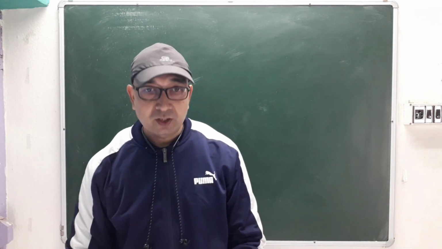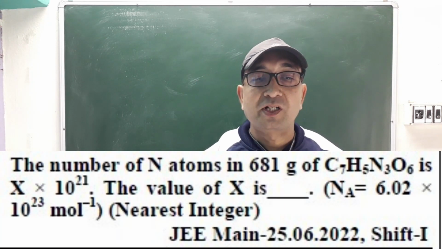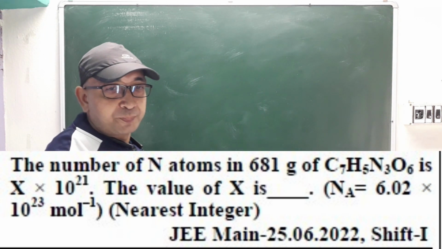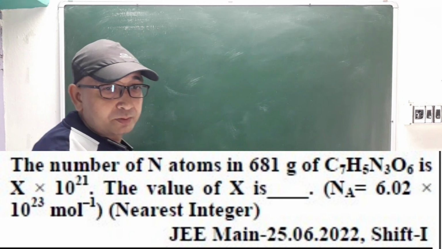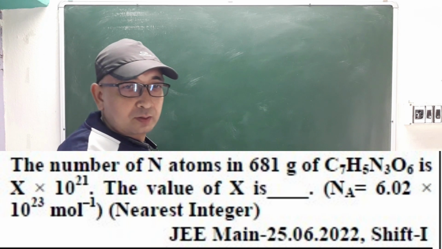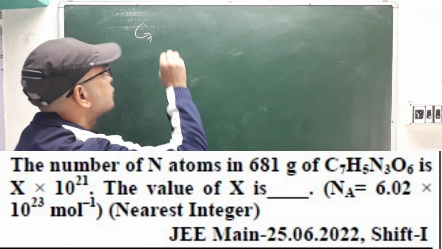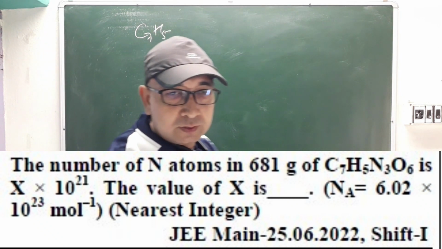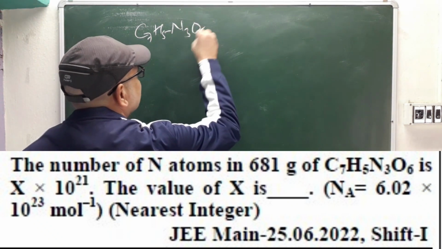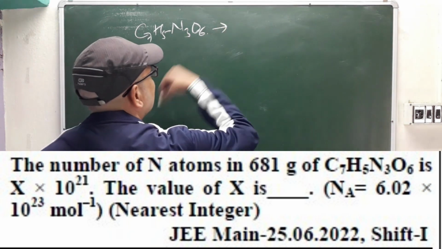Let's see the next question. See on screen, the number of nitrogen atoms in 681 gram of this compound. They are asking the number of nitrogen atoms. The formula first I'll write down: C7H5N3O6.